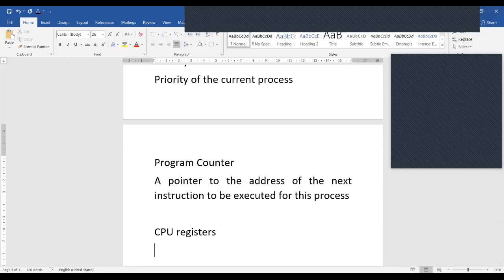So we can say CPU registers are where process data needs to be stored for execution.